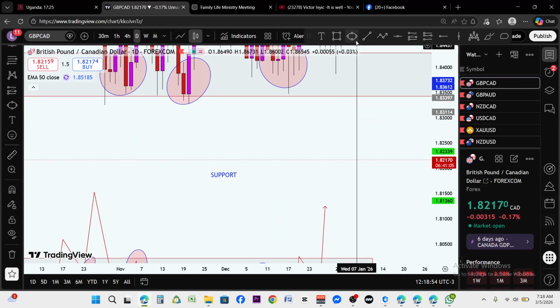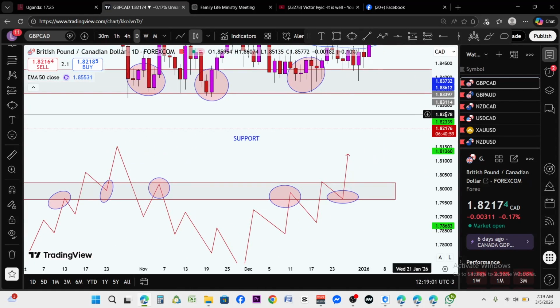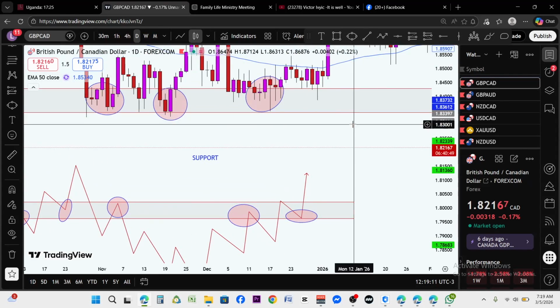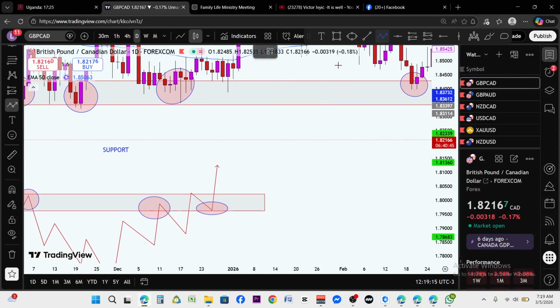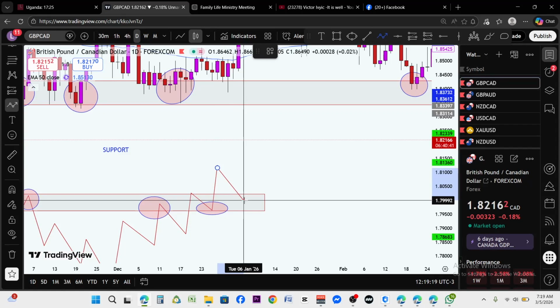Now, how to use them correctly? In an uptrend market, you wait for a pullback to support. For me to enter in an uptrend market, I'll first wait for the price to come back to this zone to make a support.